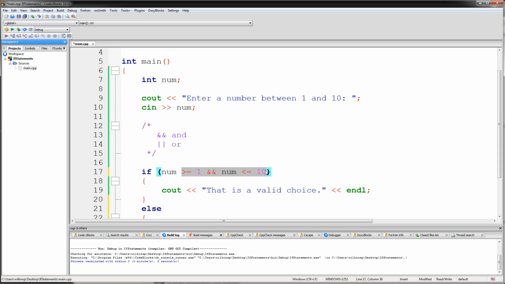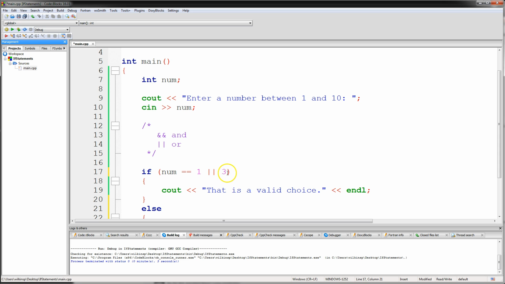Another thing that people will often want to do is something like num is equal to 1 or 3. This is a little tricky because this will actually compile, for a variety of reasons. In C++, if you have a standalone number, C++ interprets 0 to mean false and any other number to mean true. So this standalone 3 will actually compile.